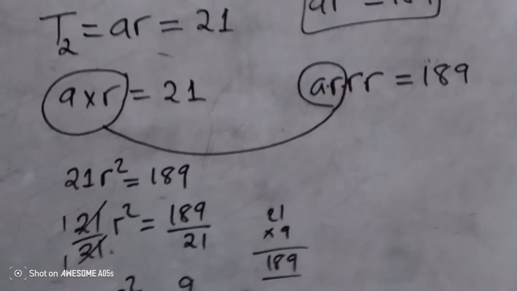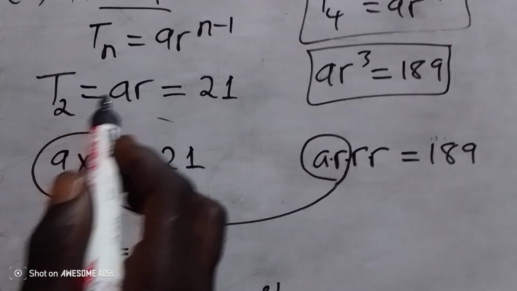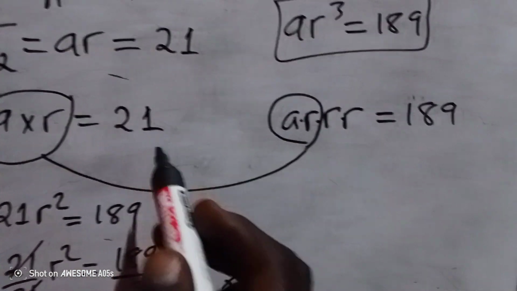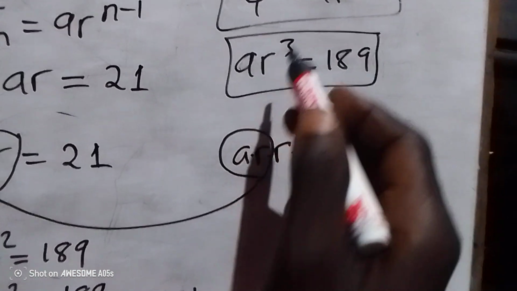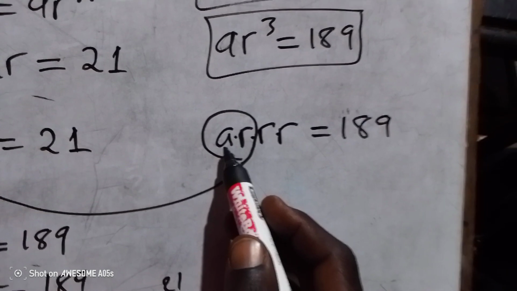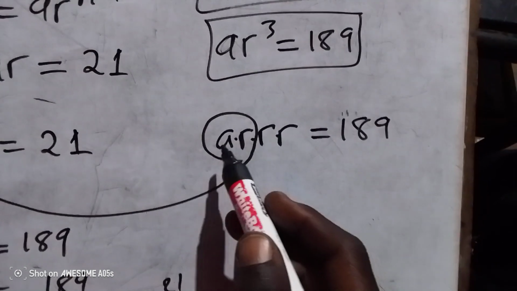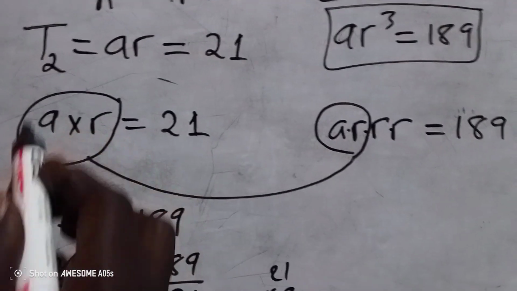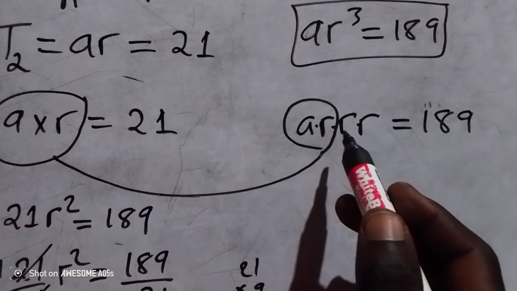We came up with the idea that a r can be written as a times r, which gives us 21. Then a r cubed can be expanded as a times r times r times r.